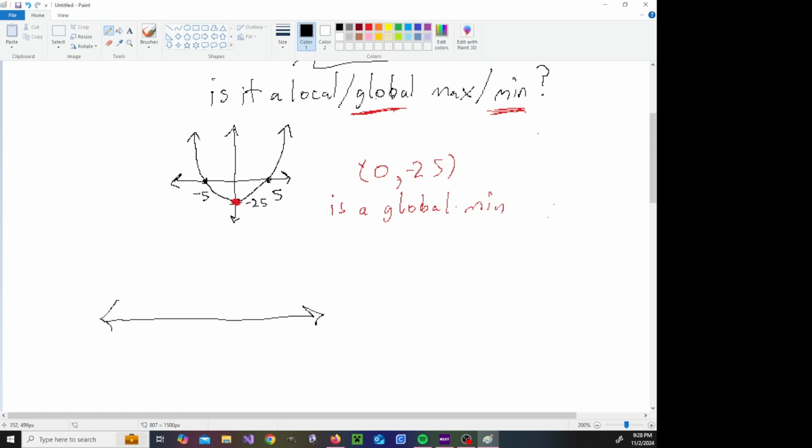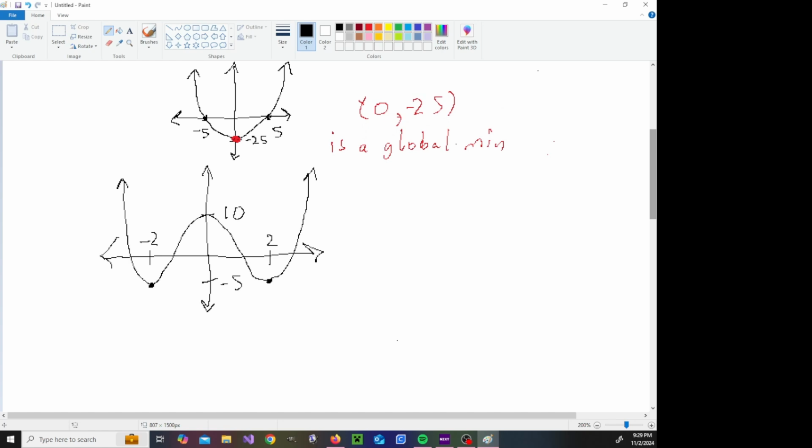I'm not going to come up with a function for this because those get pretty weird, but let's say I have a function that looks like this, where both of these x values correspond to a y value of negative 5. Well, let's say just looking at this, let's find and classify extrema.